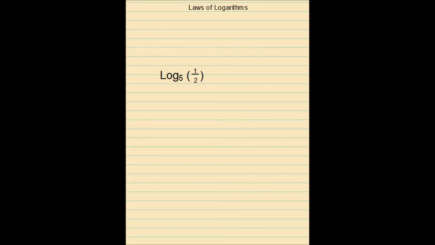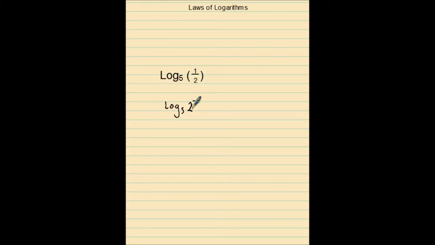I'm just going to mention a special case that's worth noting, that crops up frequently. I can write out a half, and again it requires good use of your knowledge of indices, instead as 2 to the minus 1.